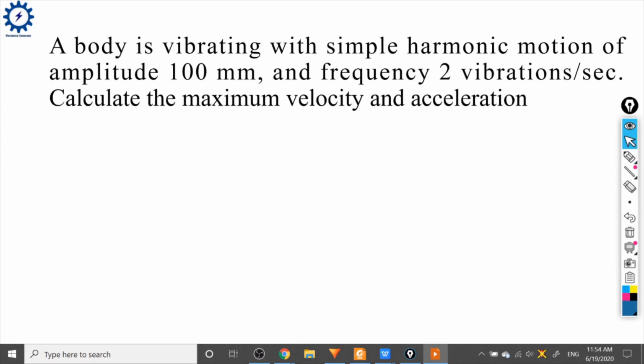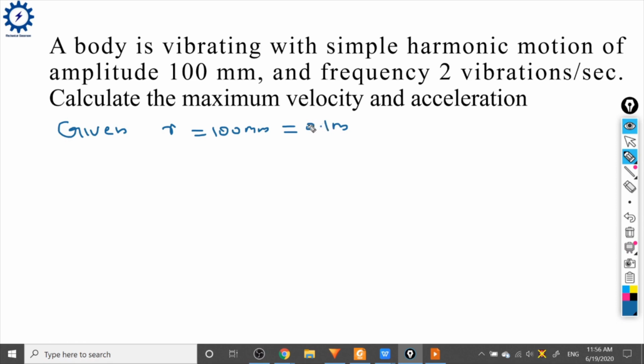A body is vibrating with simple harmonic motion of amplitude 100 mm and frequency 2 vibrations per second. Calculate the maximum velocity and acceleration. Amplitude is represented by letter R. R equal to 100 mm, which is equal to 0.1 meter.